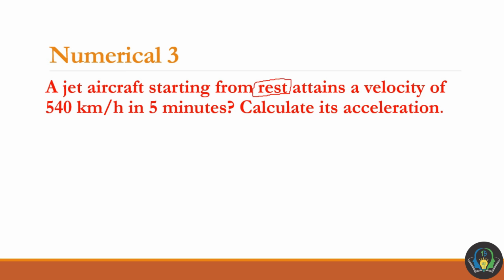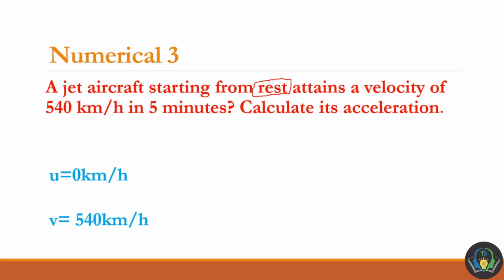If it is beginning from rest, what will be your initial velocity? Your initial velocity will be 0. It is attaining a velocity of 540 km per hour, so your final velocity will be 540 kilometer per hour.